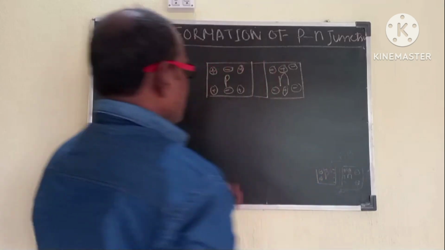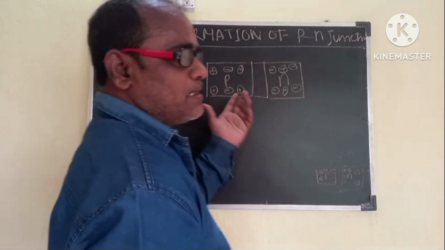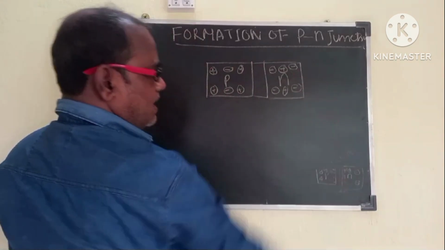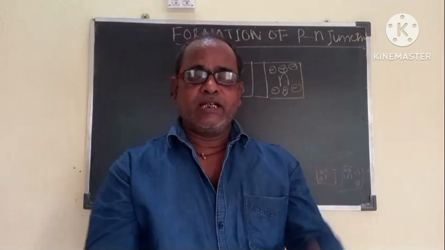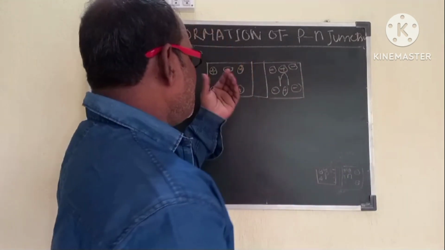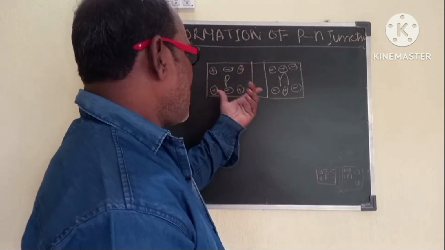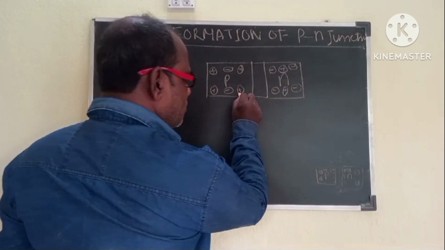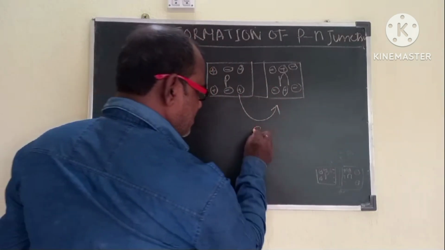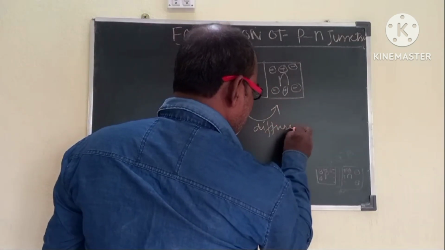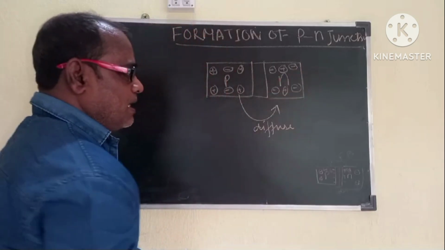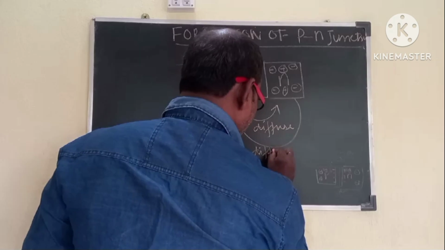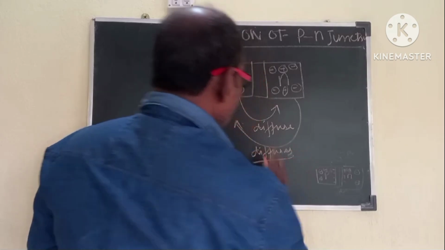Now, the P section has the maximum hole carriers and the N section has the maximum electron carriers. Due to this high concentration, the holes diffuse towards the N section, and from the N section the electrons diffuse.